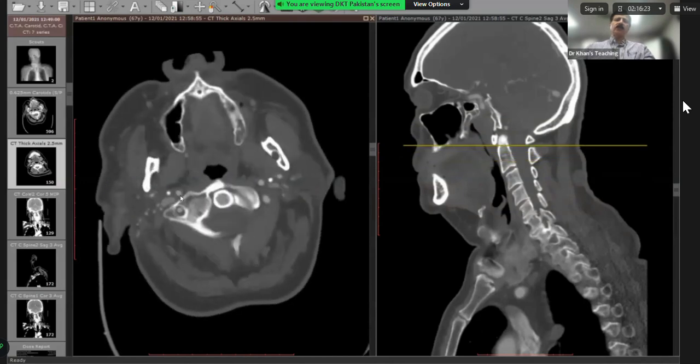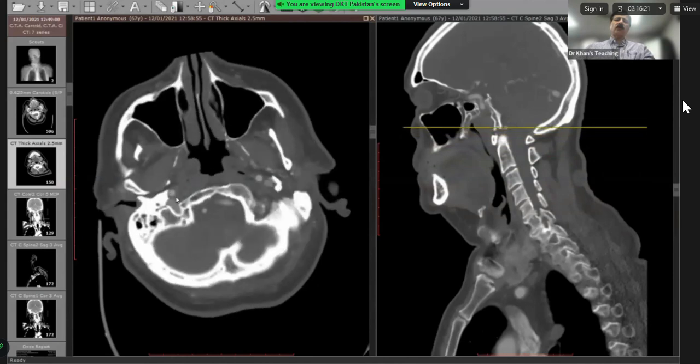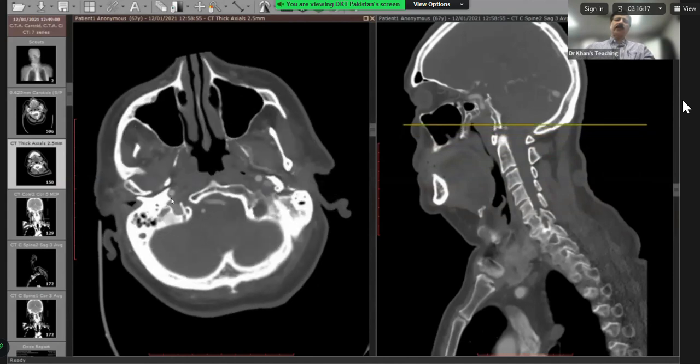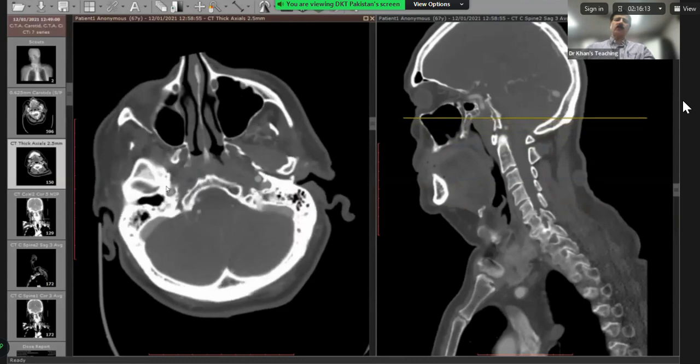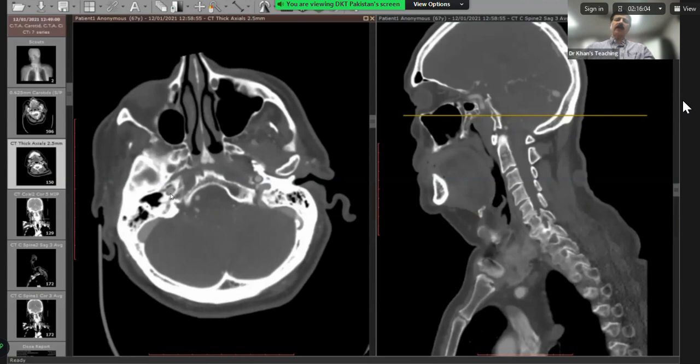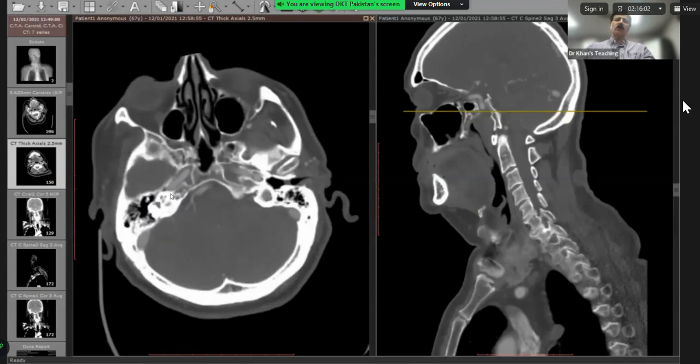And now this internal carotid artery goes superiorly and it is touching the base of skull. And here, this is the vertical portion where you can see it as a cross section, because this is the vertical portion of the carotid canal, as we had described. Now you will see it will become horizontal. Now it has become horizontal.